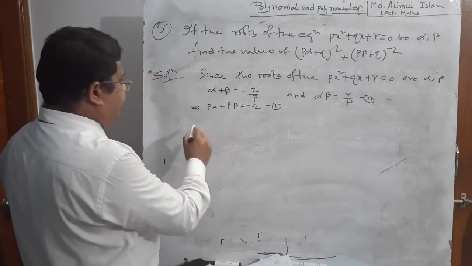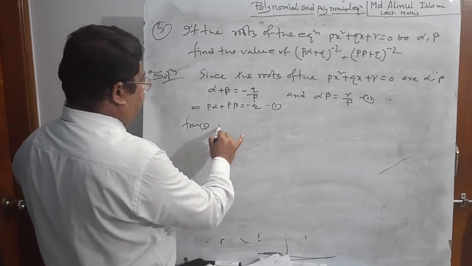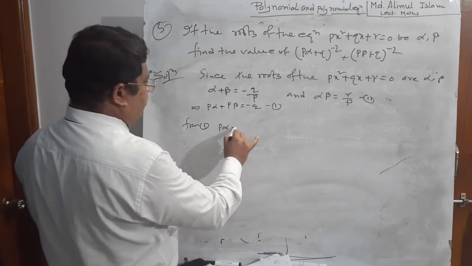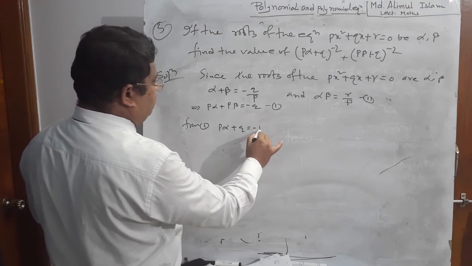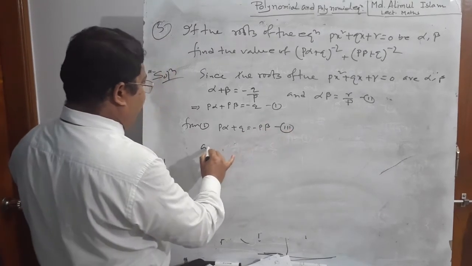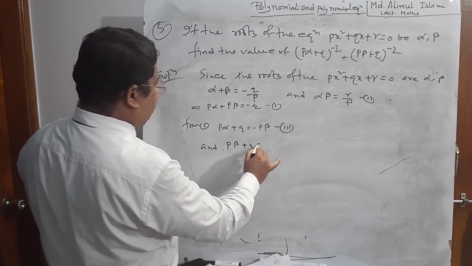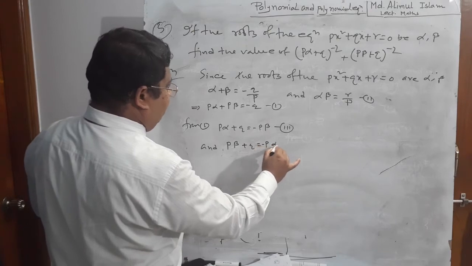Then again from 1, pα + q is equal to −pβ, number 3, and pβ + q is equal to −pα, number 4.